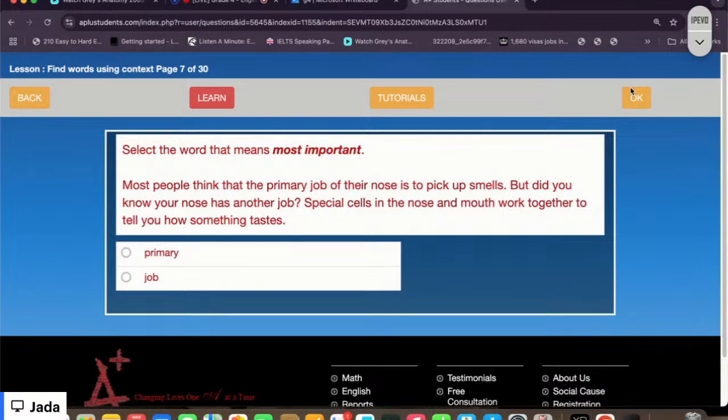Special cells in the nose and mouth work together to tell you how something tastes. So, most important, is it the job or primary? Which of them?